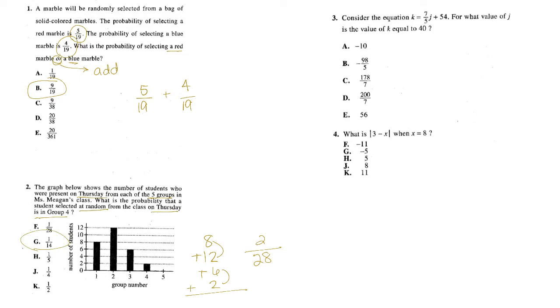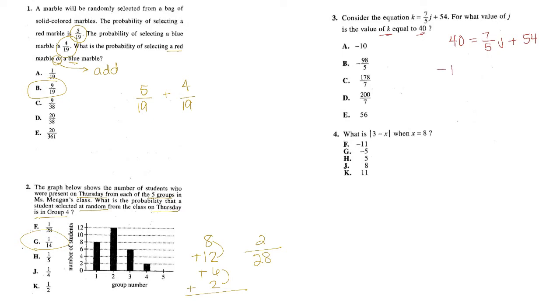Okay, and number 3, we need to consider this equation. And then from that, for what value of j is the value of k equal to 40? So we're going to plug in 40 for k, and we're going to have 7/5 j plus 54. And we're going to subtract 54 over.